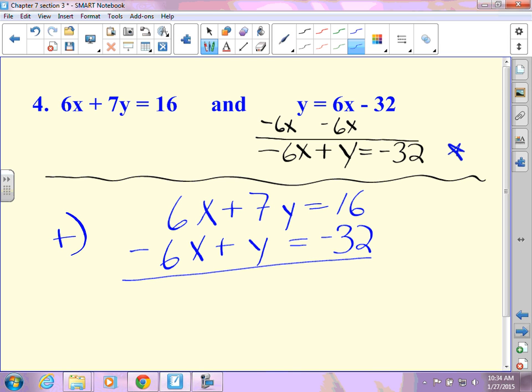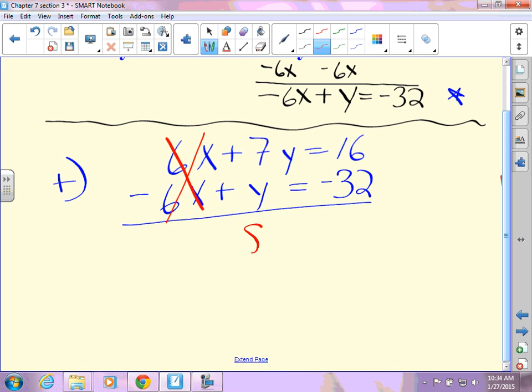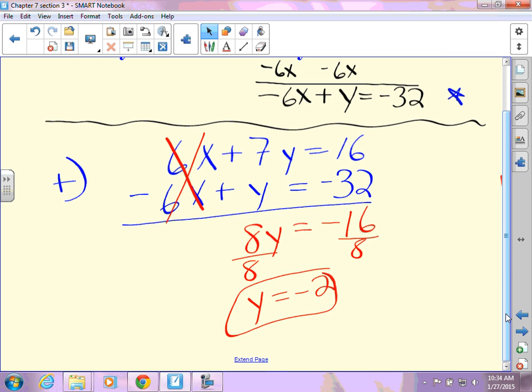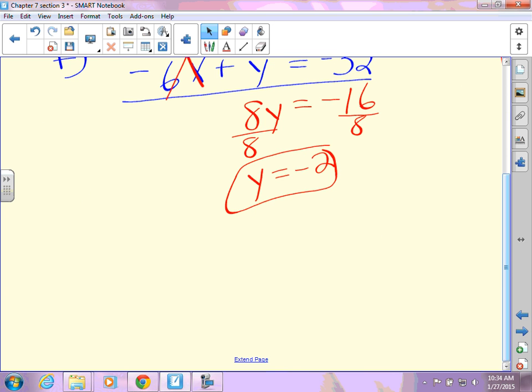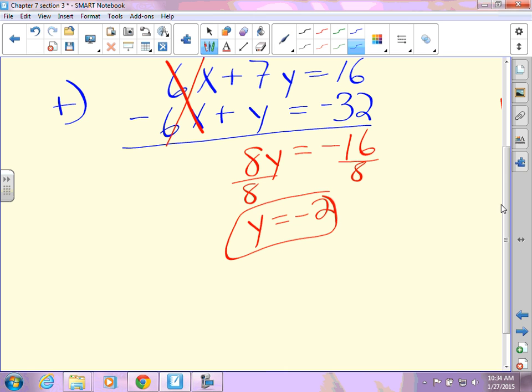Doesn't matter. 6x plus 7y equals 16. 6x plus 7 times -2 equals 16. 6x plus -14 equals 16. Add 14. 6x gives me 30. Divide by 6. X equals 5. So then my ordered pair is 5, -2.